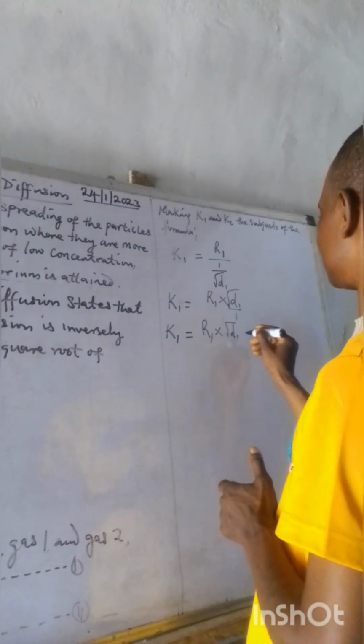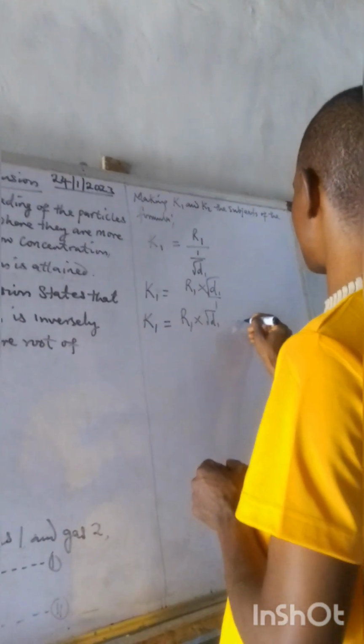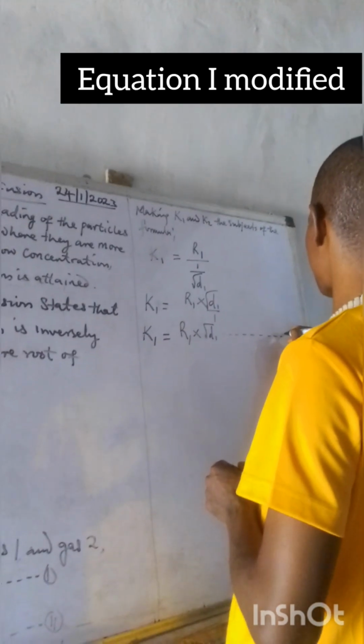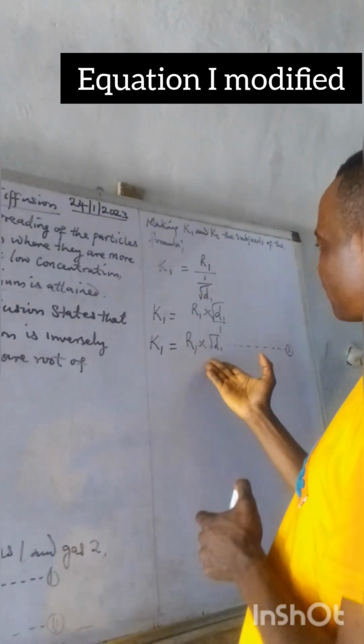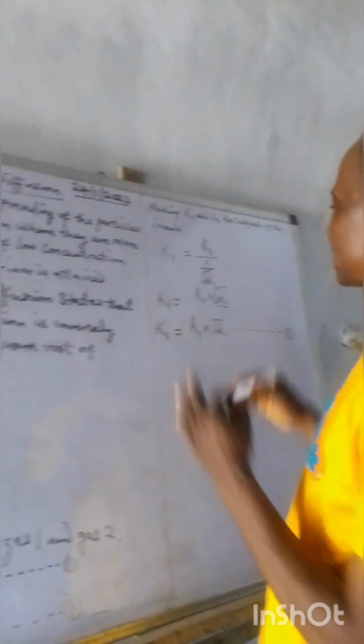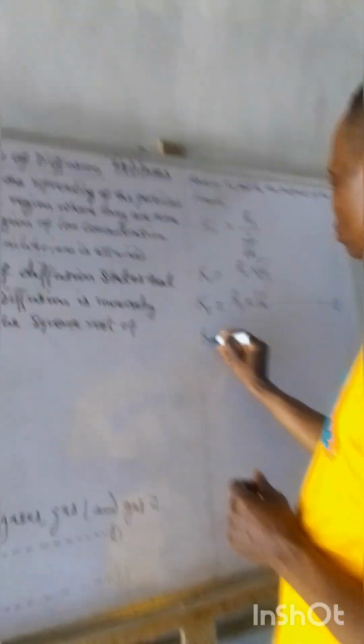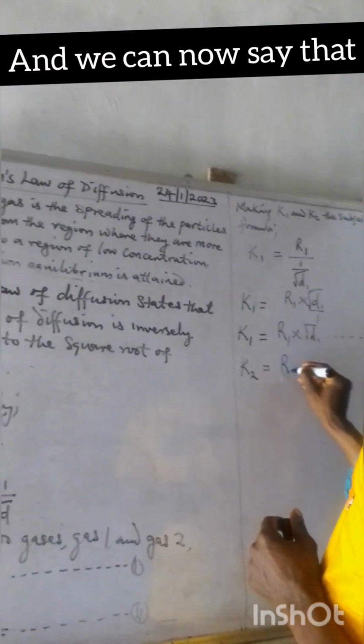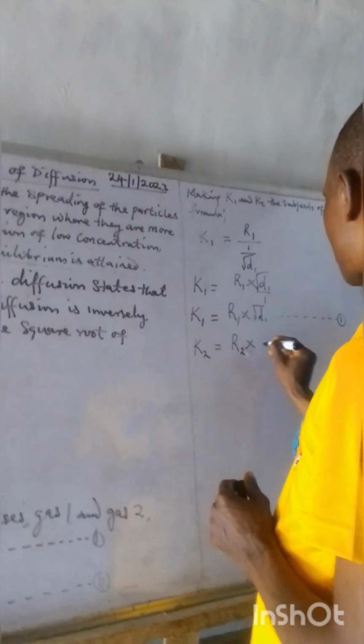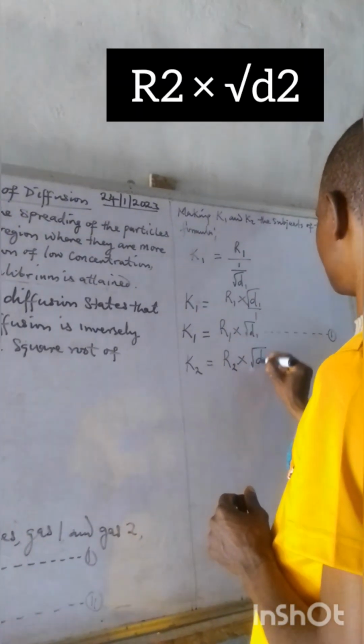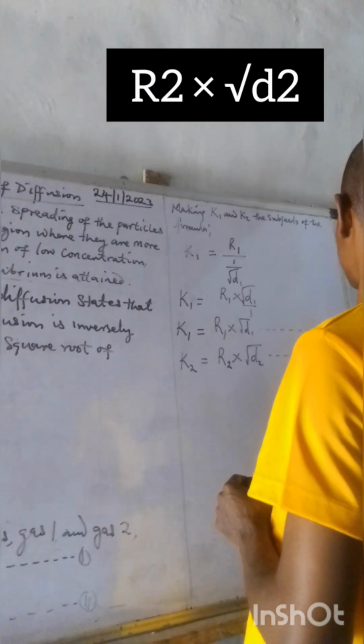So we can say that this is our modified equation 1. And we can now say that K2 equals R2 times square root of d2. Equation 2 modified.